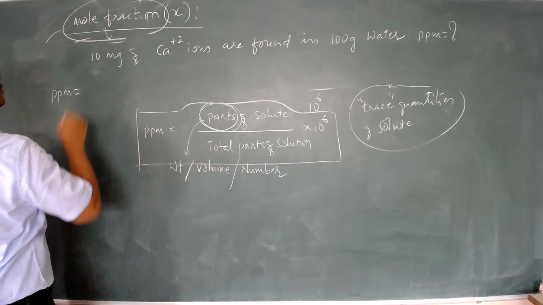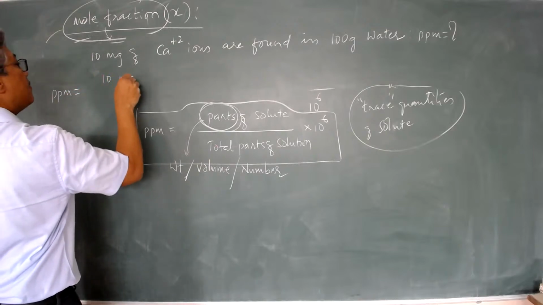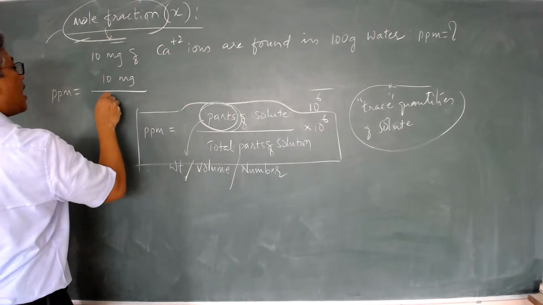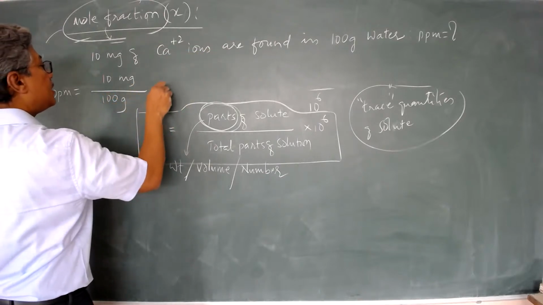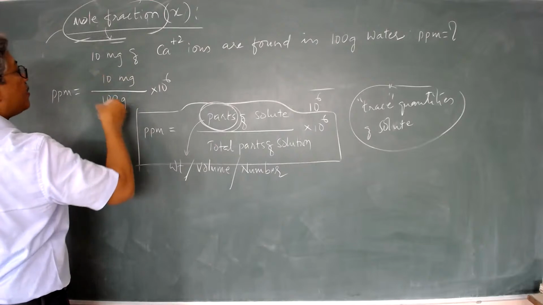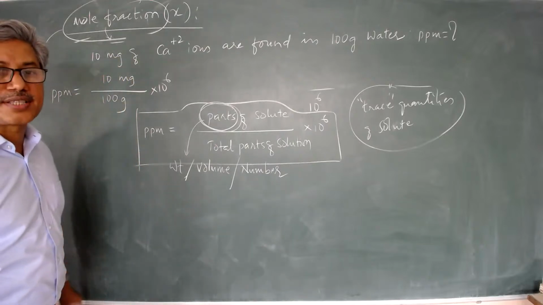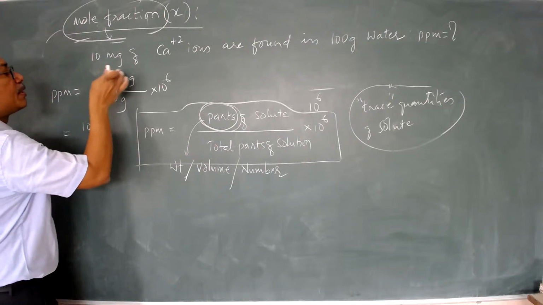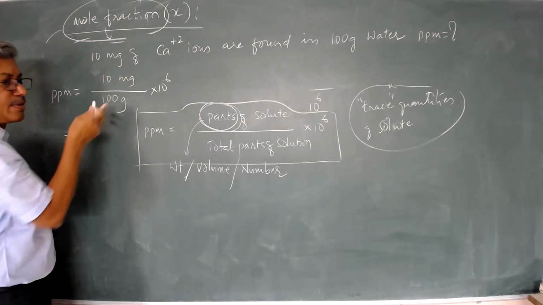Let's see this. ppm is equal to, the solute is 10 milligram. The solvent is 100 gram into 10 raised to 6. You have to equate the units. Either you convert this into gram or you convert this into milligram. What do you want to do?